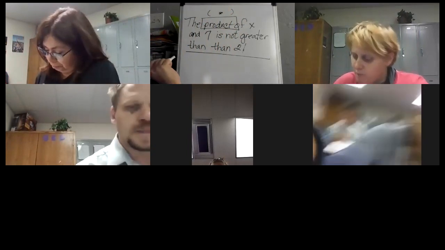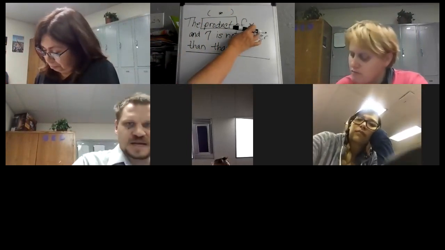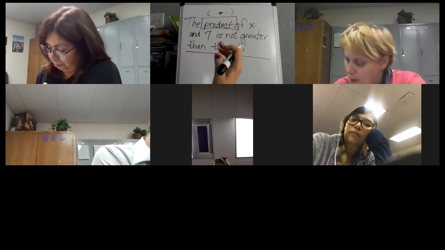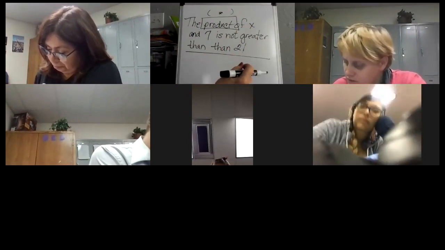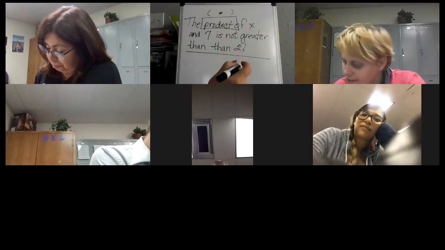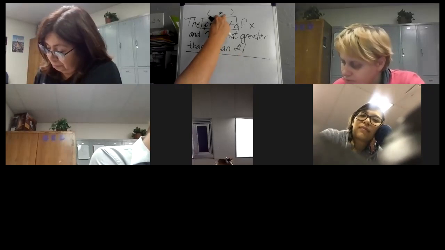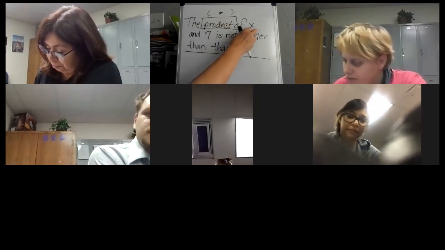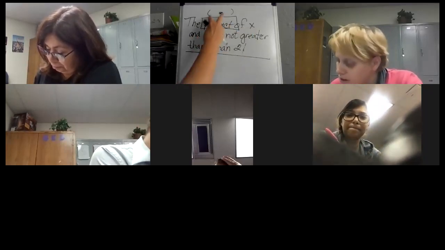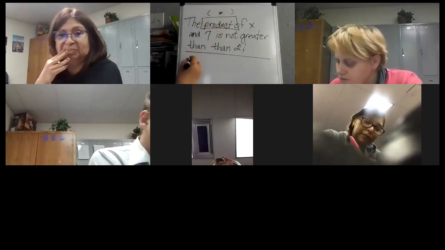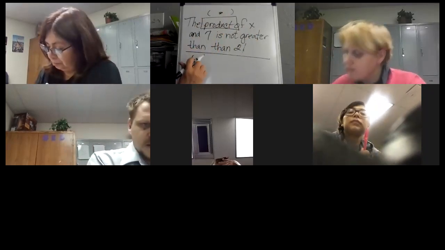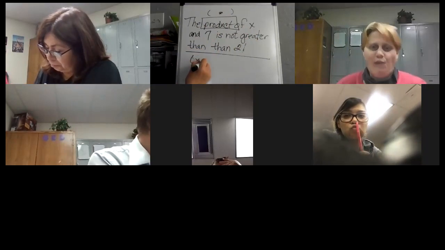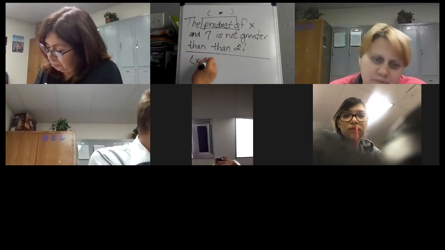We don't use an X for multiply because there's an X in the problem and we might get mixed up with the variable X and the multiply sign. So the product of is going to look like this. And then the next 2 things tells us what goes in those parentheses. So right now we have the product of X and 7.